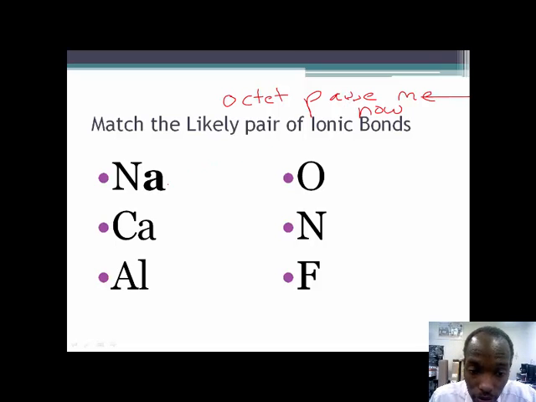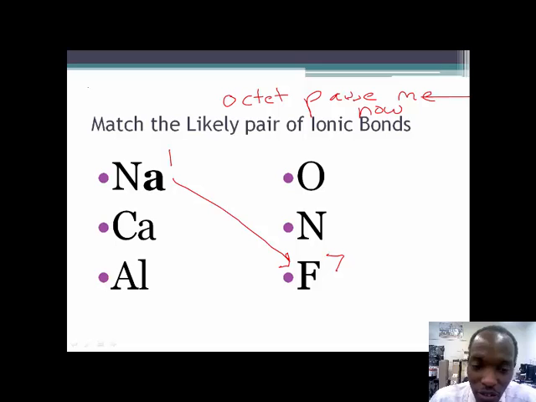So let's see. If you said that sodium, which has 1 valence electron because it's in group 1, combined with fluorine, which has 7 valence electrons, you were correct.